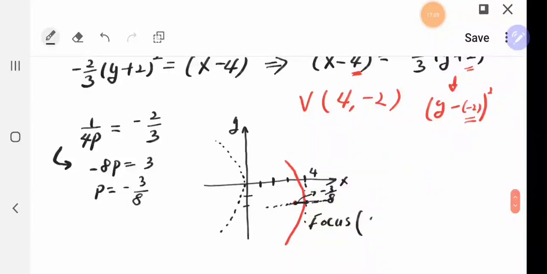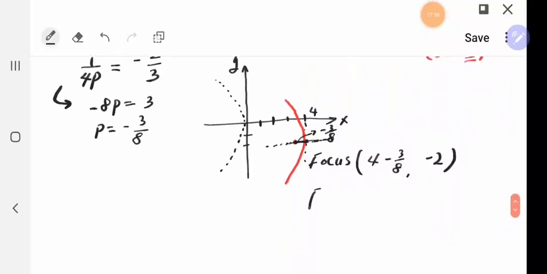From the vertex, the vertex x is 4, and the focus is 3 eighths less than 4. So we will subtract 3 eighths because the focus is 3 eighths away from the vertex. So this will be the x coordinate of the focus, and the y coordinate is, the vertex is moved down 2 units, so the y coordinate is negative 2.